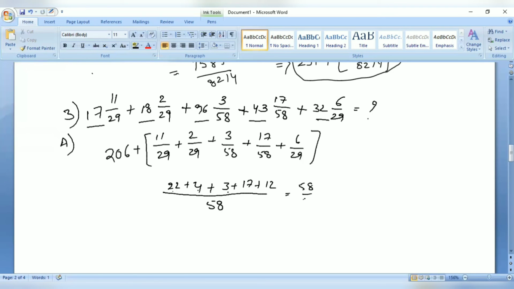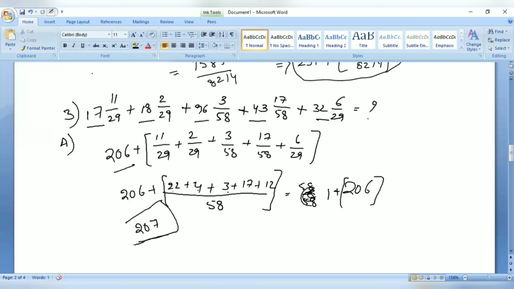So 58 divided by 58 is what, sir? Again, it is 1. So add the 1 to 206, it becomes 207. Remember, in all these cases, we have this whole number as well. So in our case also 206 is there, and our answer is 207. Simple method.